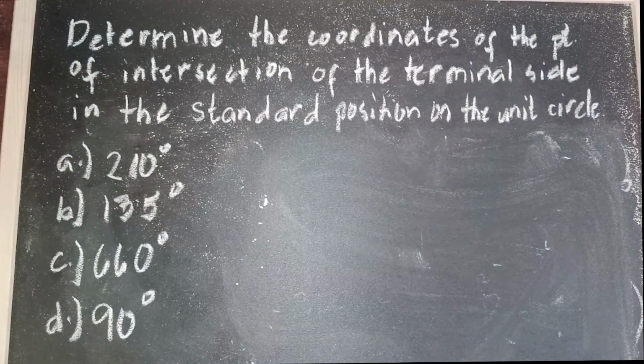Now, the last, we have 90 degrees. What are the coordinates of the point of intersection of the terminal side of 90 degrees and the unit circle? We all know that a 90 degree angle is a quadrantal angle. What is a quadrantal angle?